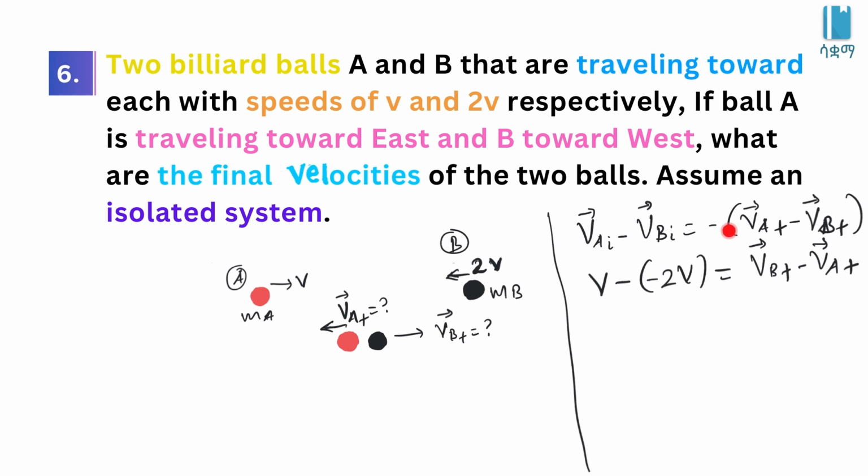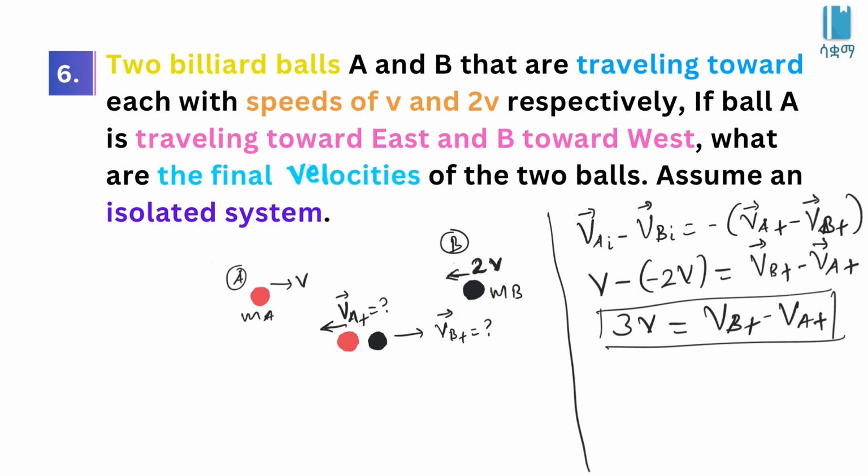Rearranging, V plus 2V, which is 3V, equals VB final minus VA final. This is one equation, but it has two unknowns, so it is not complete.